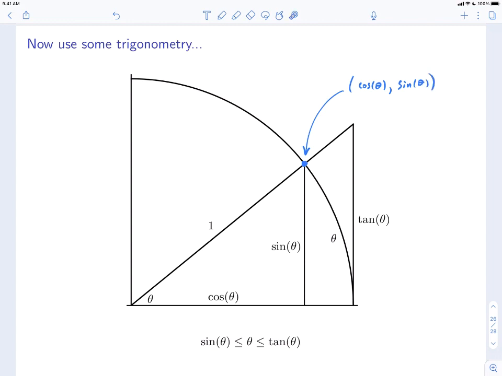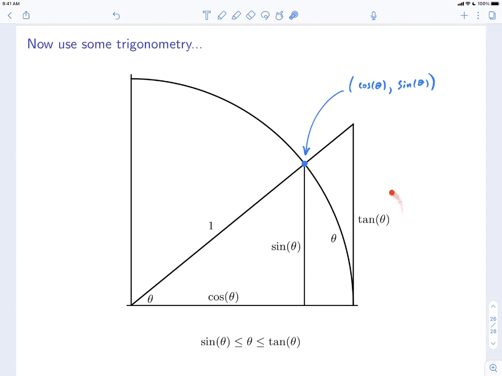So if we draw this right triangle, the base will have length cosine theta, because that's the x-coordinate. The x-coordinate tells you how far out to the right you've moved. The y-coordinate is sine of theta, and that tells you how far up you've moved. The hypotenuse is 1 because that's the radius of the circle.